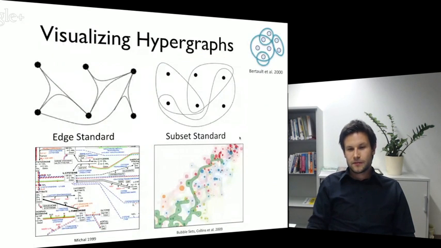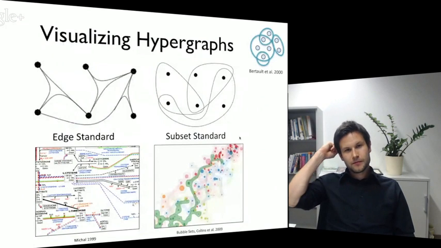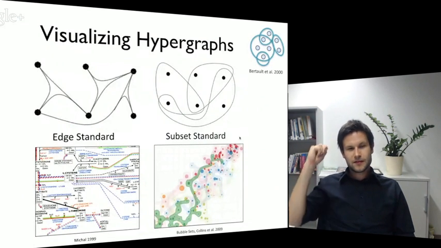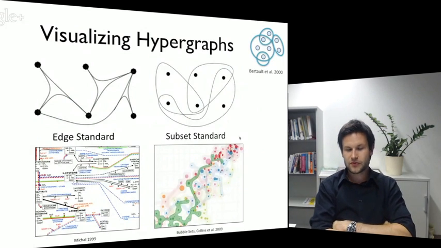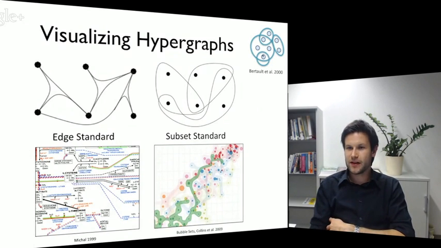Okay, yeah, now before I switch to the second topic, visual storytelling, I want to briefly talk about hypergraphs. Yeah? Hypergraphs are interesting because, as I said, you have hyperedges that connect multiple nodes at the same time.